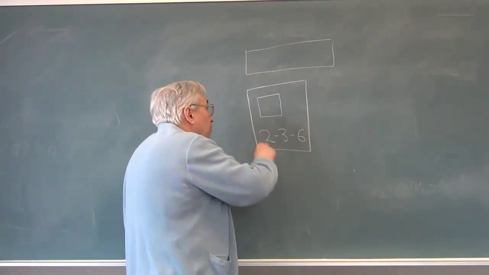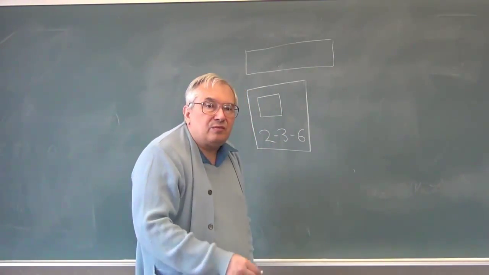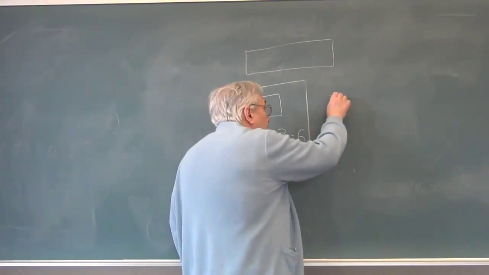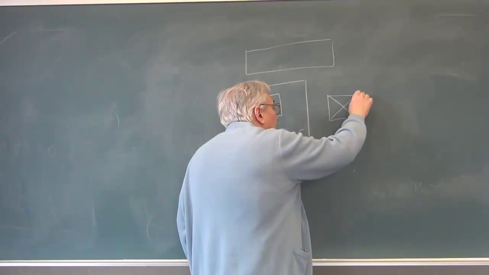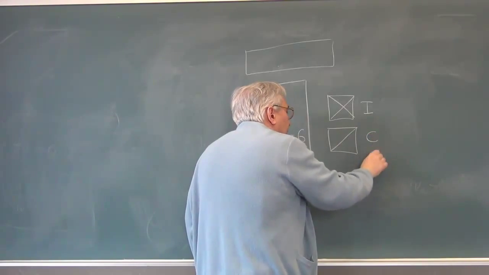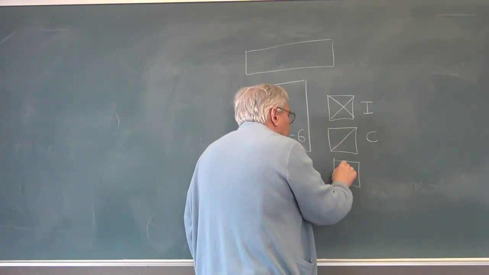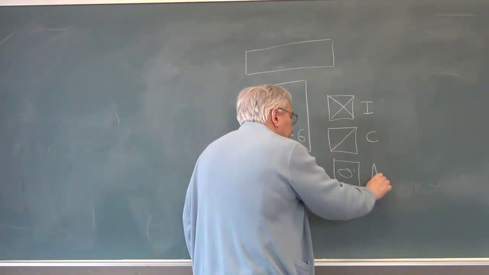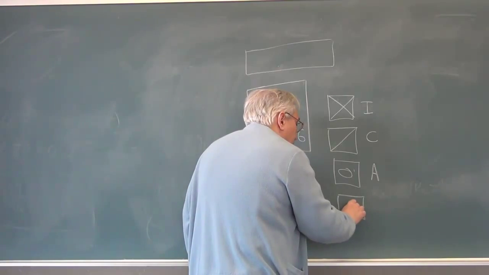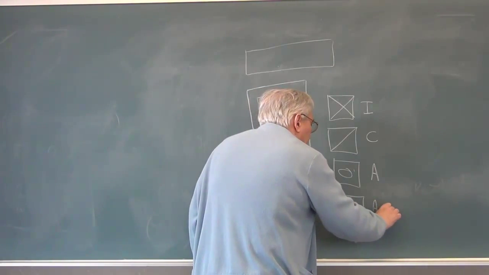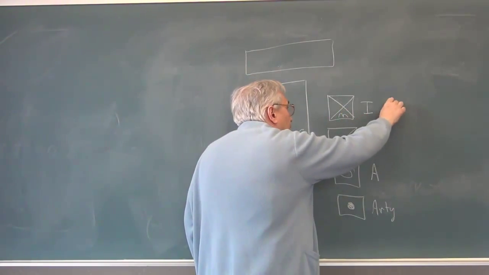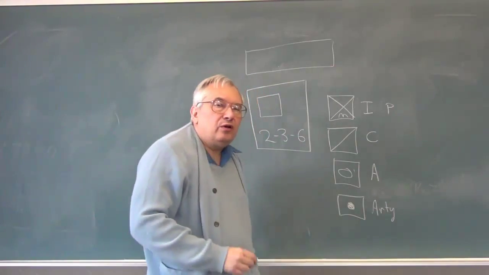Nonetheless, there are standard NATO unit symbols. I've supplied a stack of these which show what the sorts of units you have. So you have, for example, infantry, cavalry, armor, it's a cannonball, artillery, paratroops, and you can go down the list.